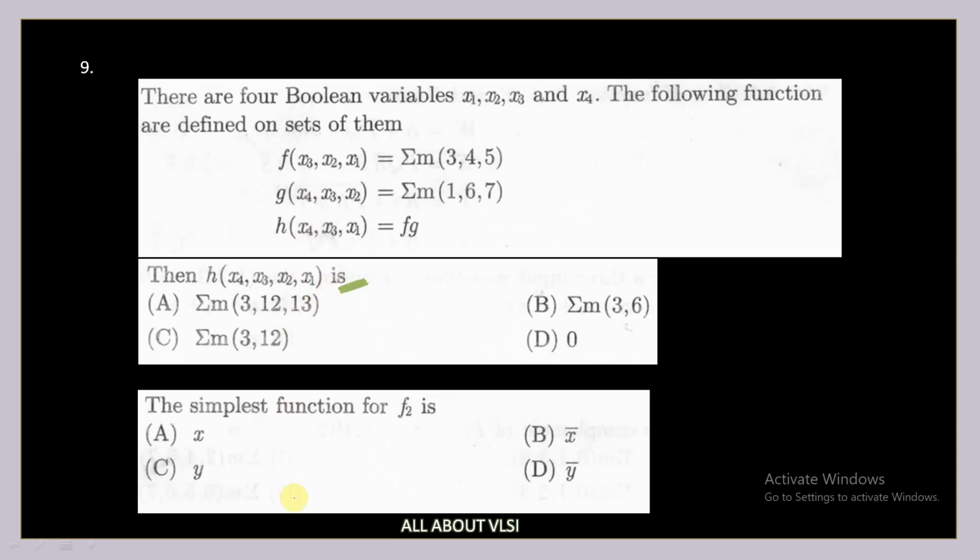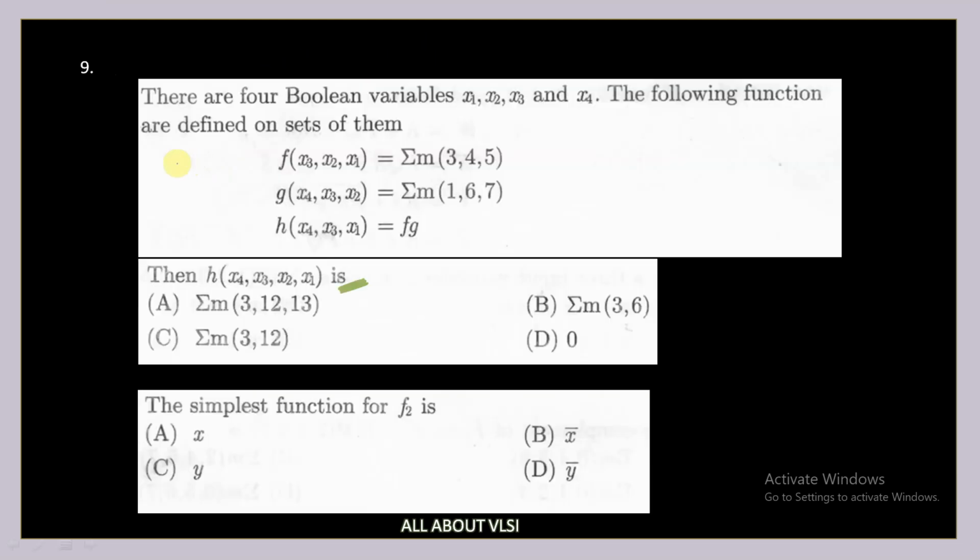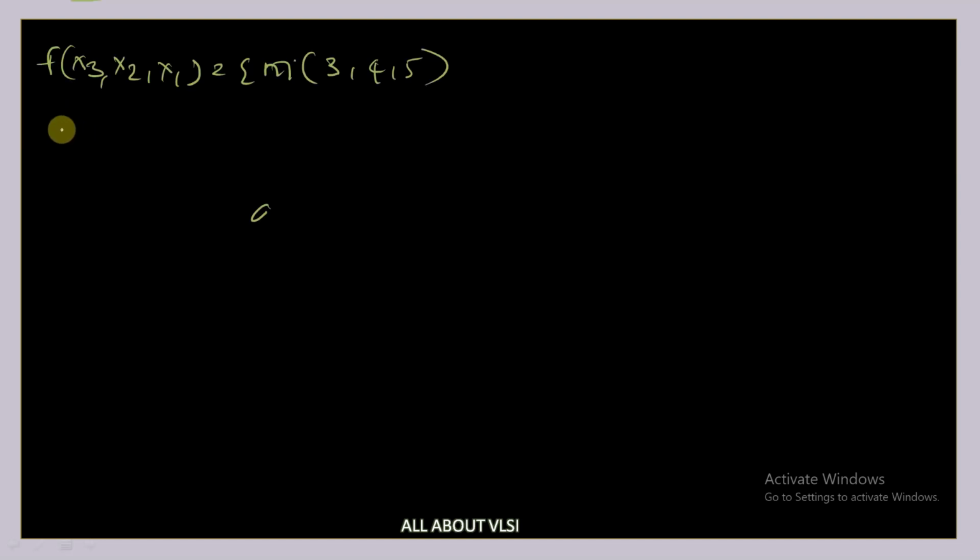The function of x3, x2, x1 has min terms 3, 4, 5. And here, for x4, x3, x2, the min terms are 1, 6, 7.